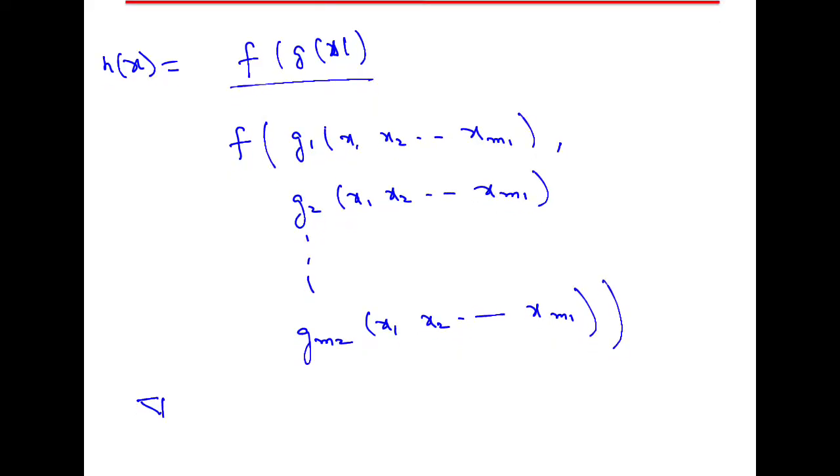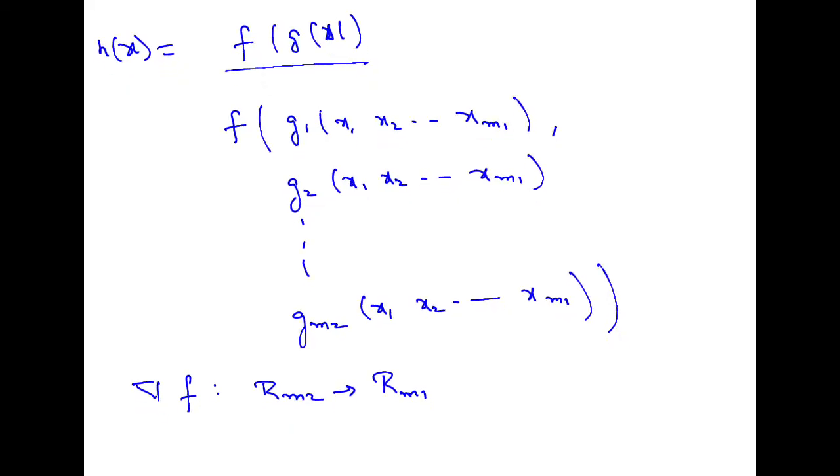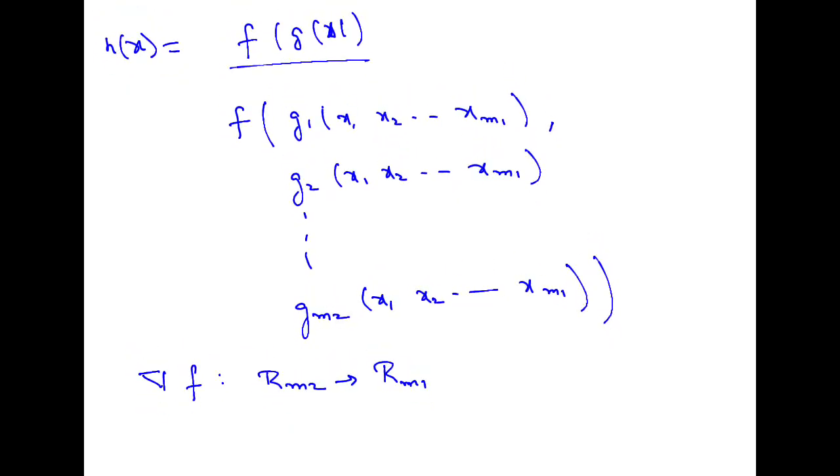So the gradient of f, what will be the size of the gradient of f? It will map an m2 dimensional vector to m1 dimensional vector, right? Okay. So what does this mean? I'm sorry, f of x. F of x is, no, wait.